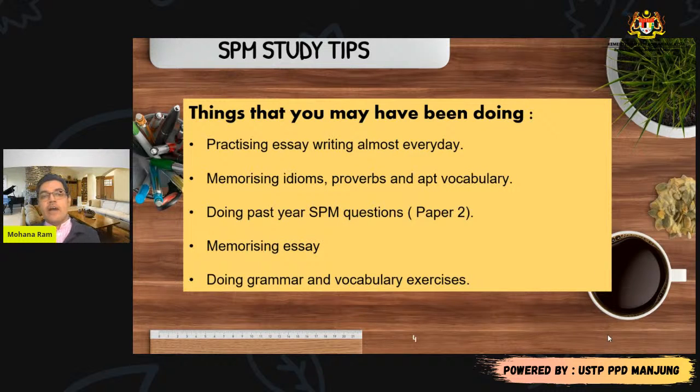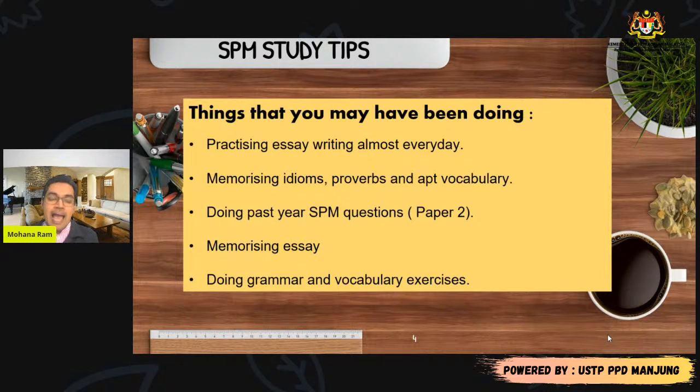Many students find, despite doing all this throughout the year, they still find it difficult to score in their essay writing. Now, practicing essay writing is not wrong. Memorizing idioms and proverbs is also not wrong. And practicing past year questions, memorizing essays, and doing grammar and vocabulary exercises, all these are fine.